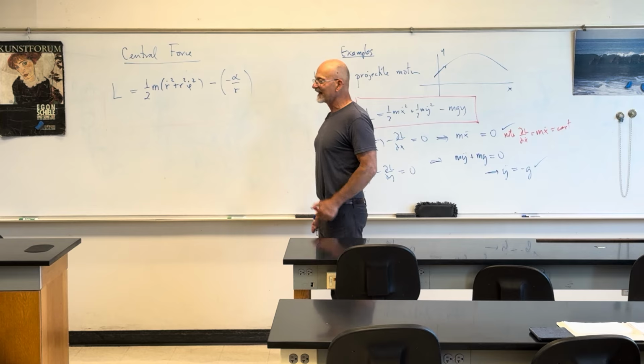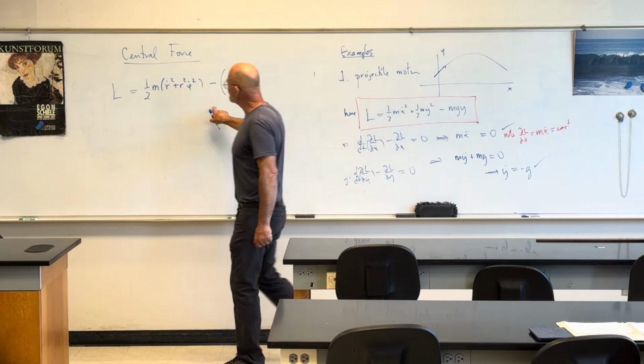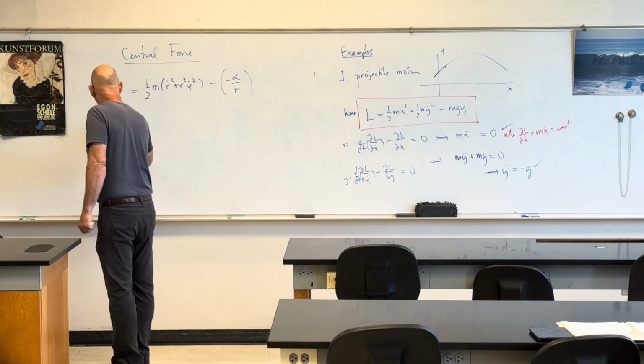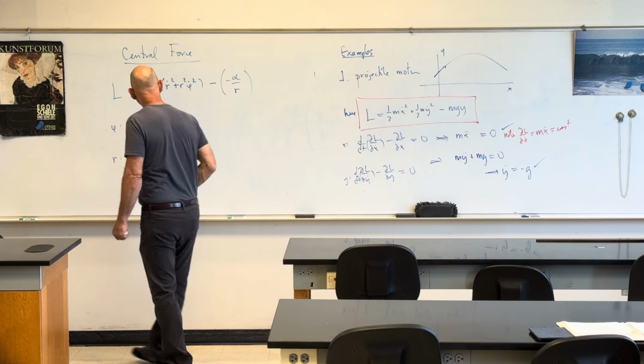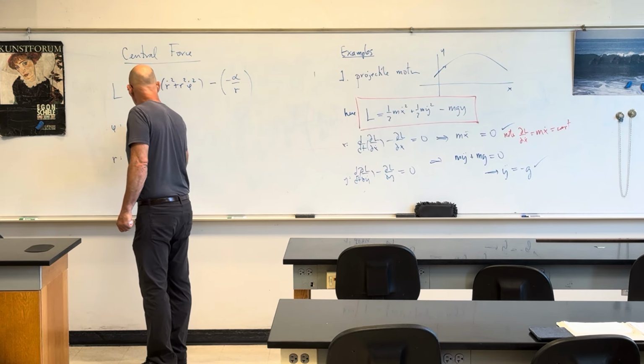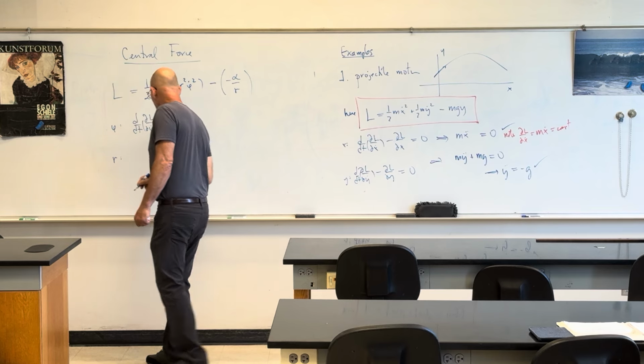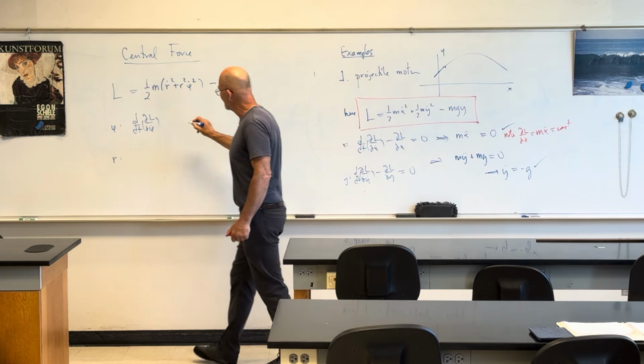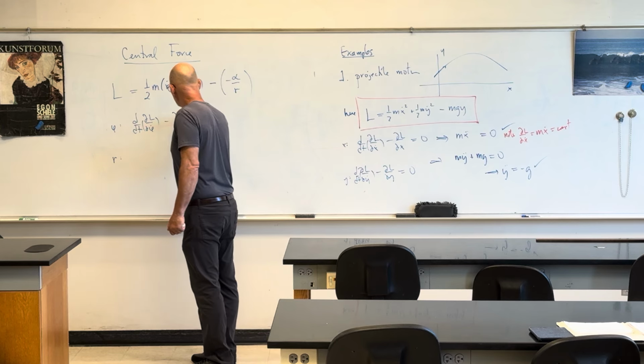And the interesting thing is, now we got to write the equations of motion down. And so we have two of them. We have them in phi, and we have them in r. And in phi, it would be d over dt partial L over partial phi dot, we were just translating to the new set of symbols, minus partial L over partial phi equals 0.